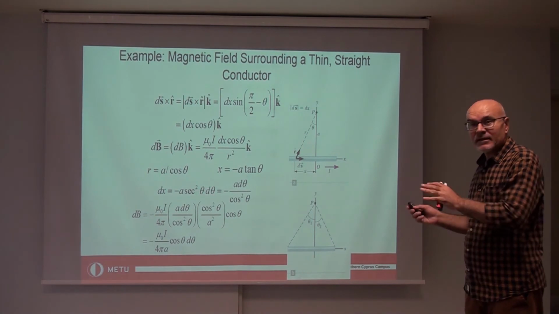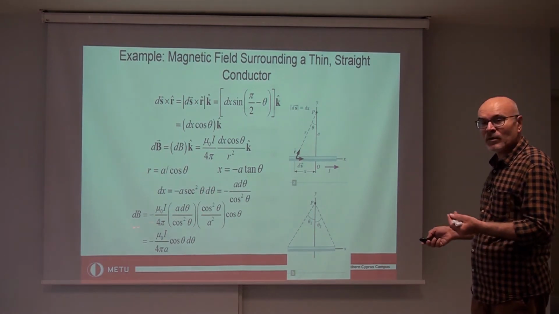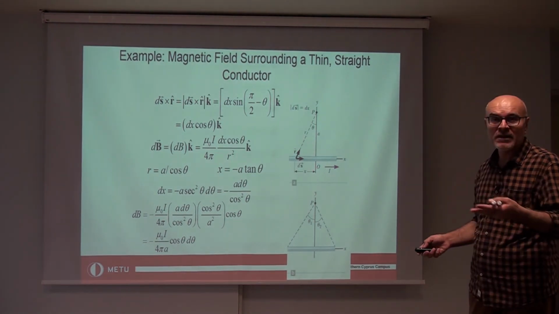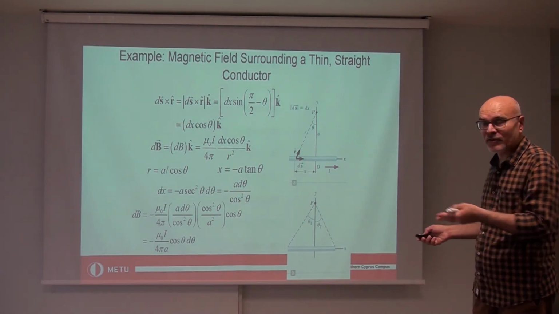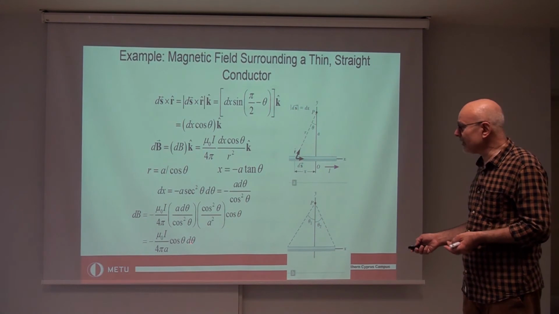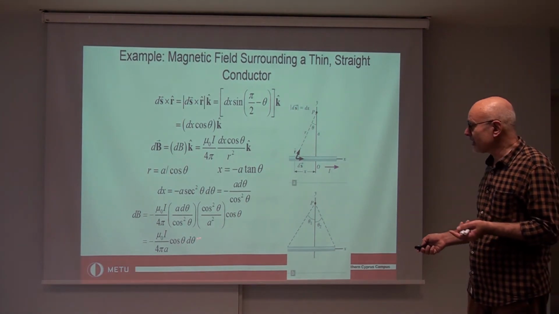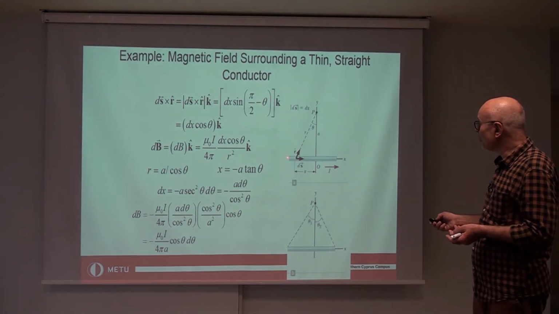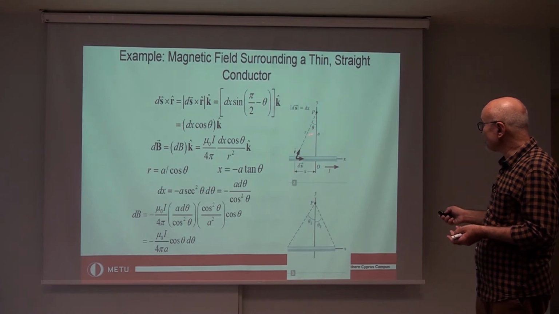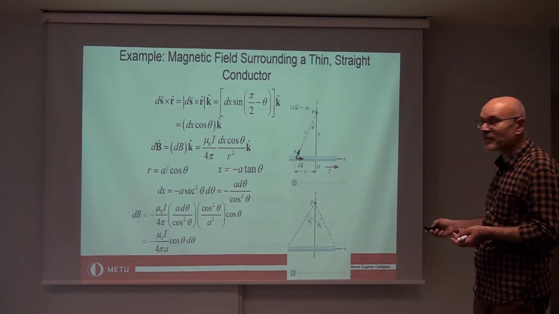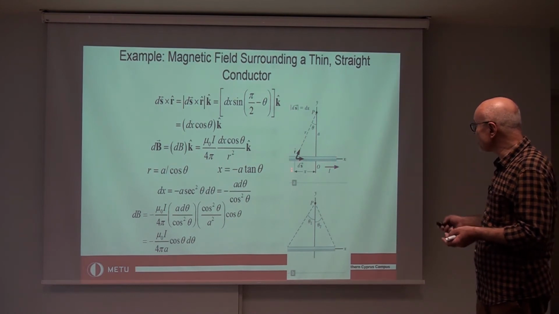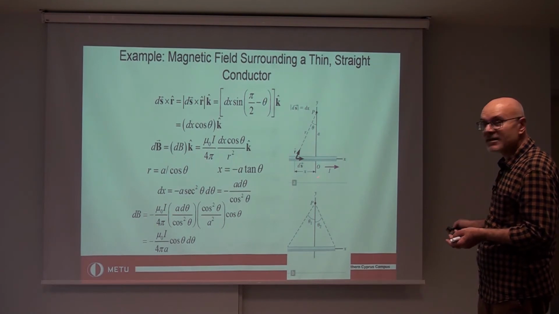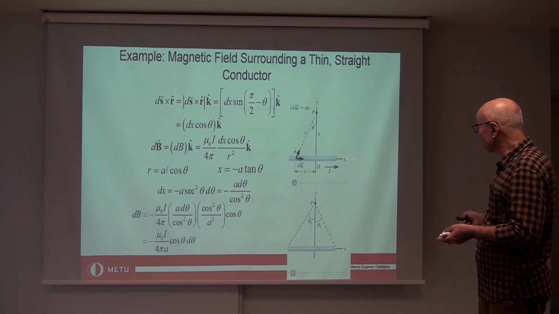And so by substituting the quantities in the formula with quantities coming from the geometry of the figure, I got this. And of course, this immediately tells me what the integration variable is. The integration variable is theta. I check that this makes sense, because when you are summing all the ds's, this theta actually changes. Each ds has its own theta. So when you are summing over all the ds's to find the field, to add up the dBs of each of these ds's, you are actually integrating over theta.